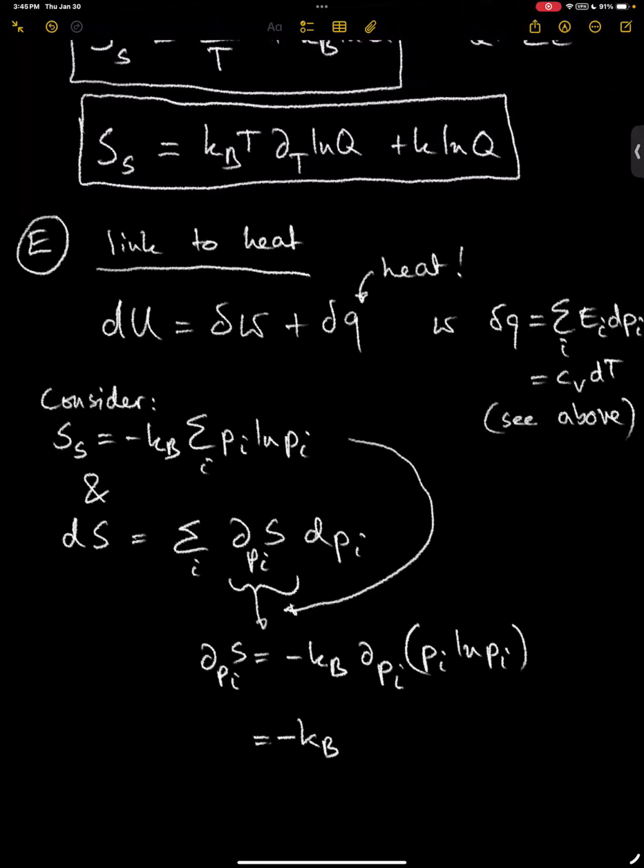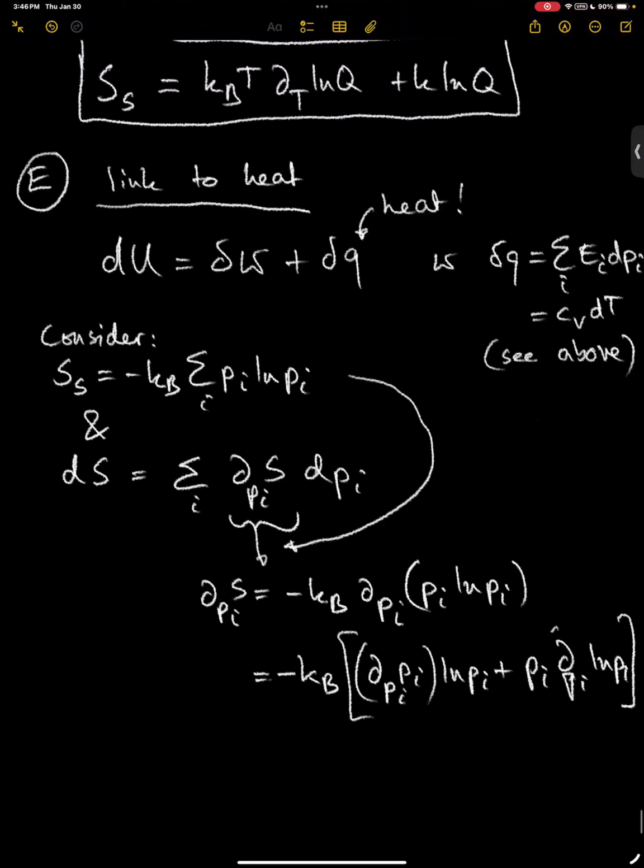So I differentiate p logarithm p with respect to p, and let's make this really explicit. All right, this is the product rule.